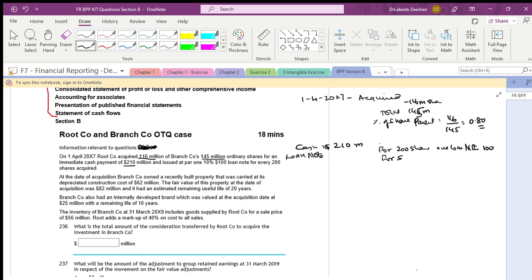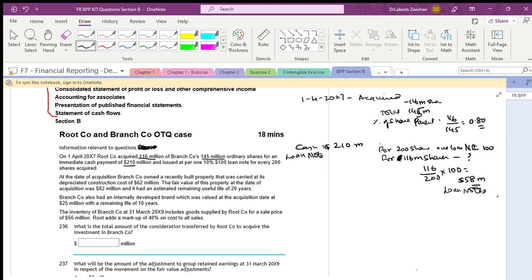For 116 million shares, how many loan notes? 116 divided by 200 times 100 comes to 58 million of loan notes.